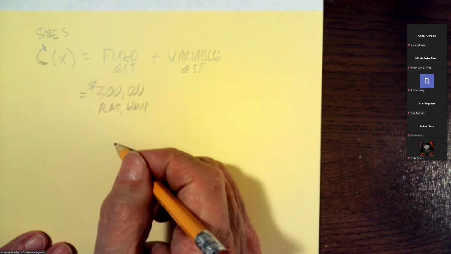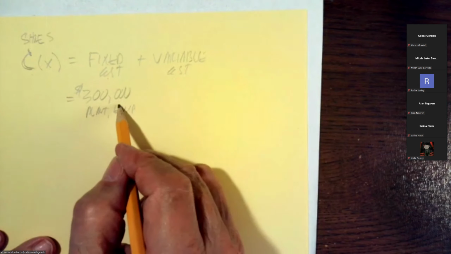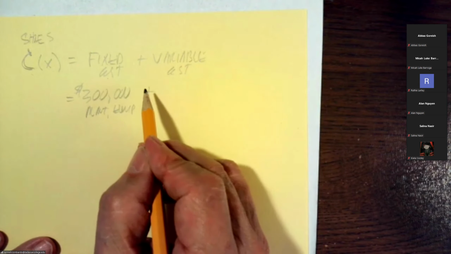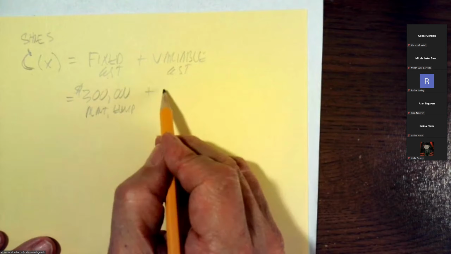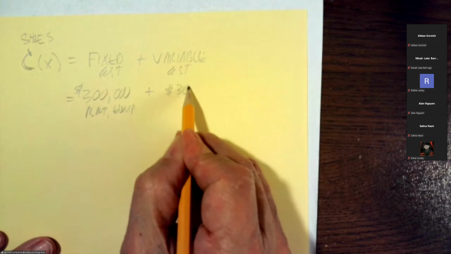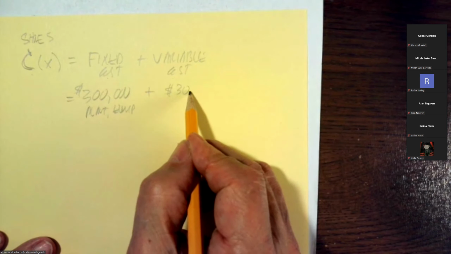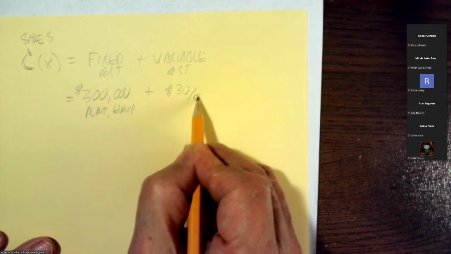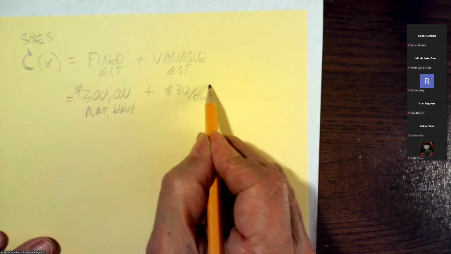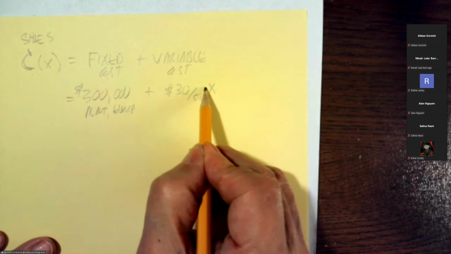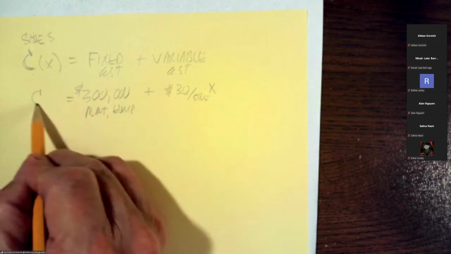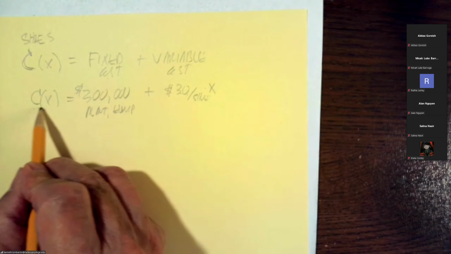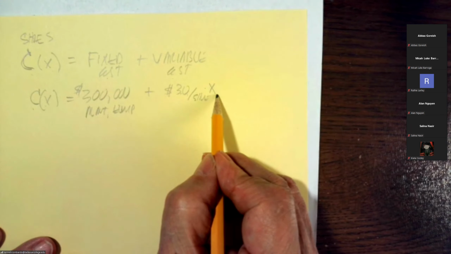Huge cost to set up the factory to produce the shoes, plus a variable cost of say $30 per shoe. So if this is dollars per shoe times the number of shoes, 30x, then that's going to give us the total cost as a function of the number of shoes.